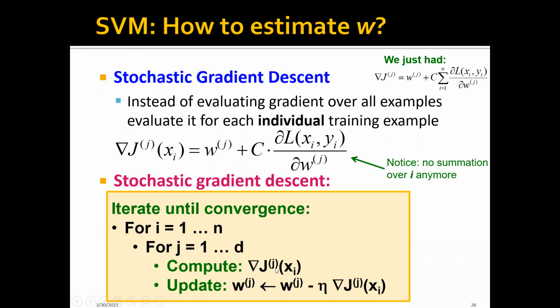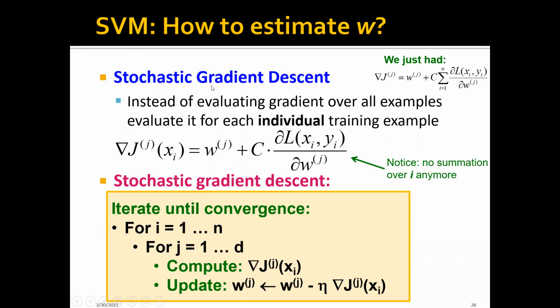Then, after computing this small piece, we go ahead and update the jth entry of W. Again, we update it as Wj minus eta times the gradient, and eta is again the learning rate parameter.